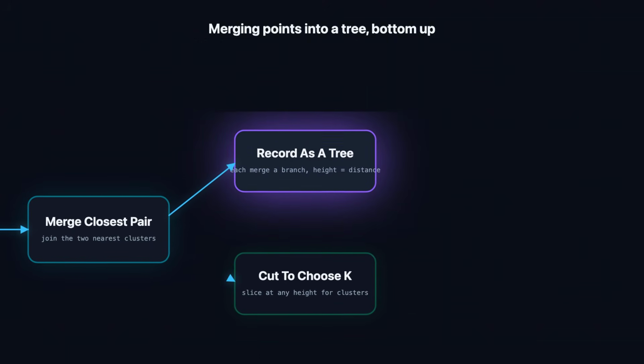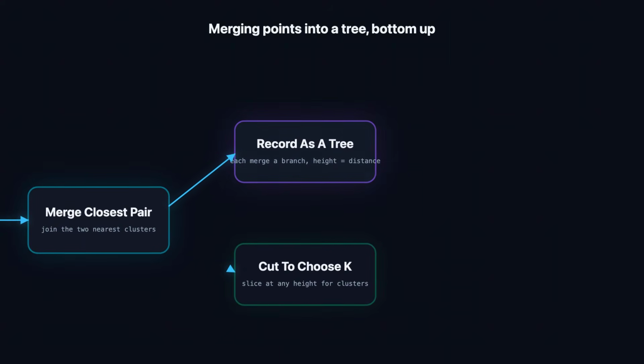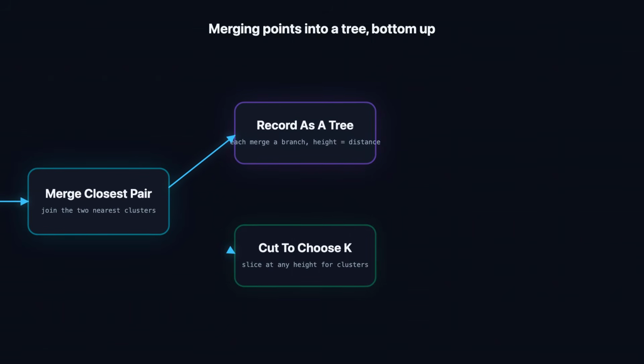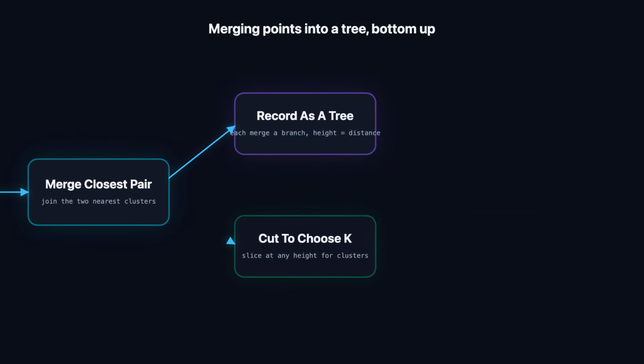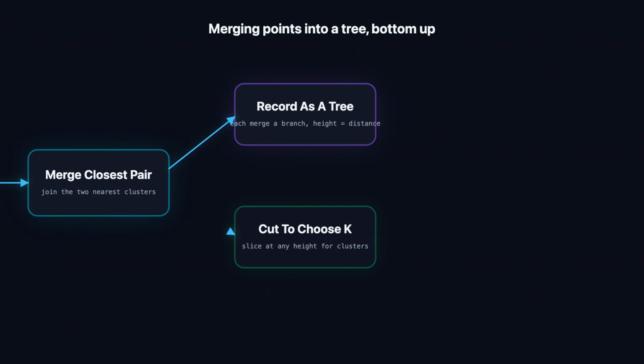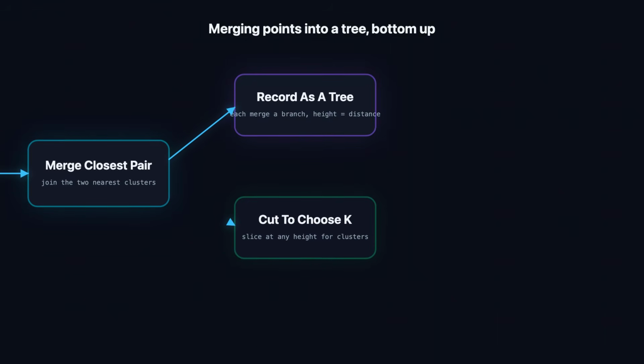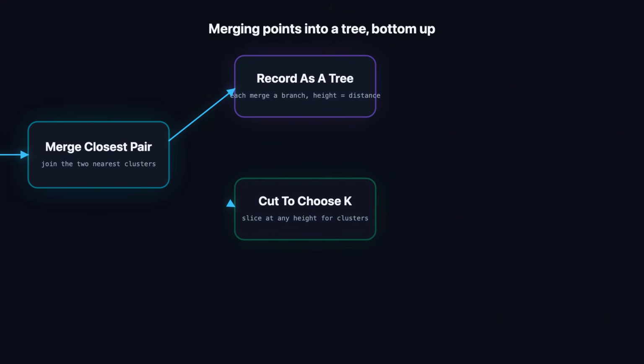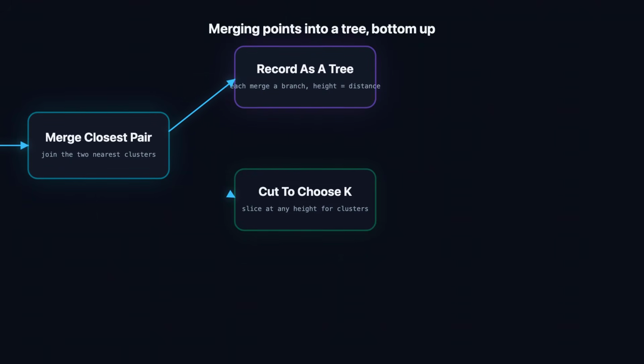Repeat that merge again and again, each time joining the next closest pair, and record every join as a branch in a growing tree. The height of each branch marks how dissimilar the two groups were when they merged. So tight, similar clusters join low down, and very different ones only join near the top.